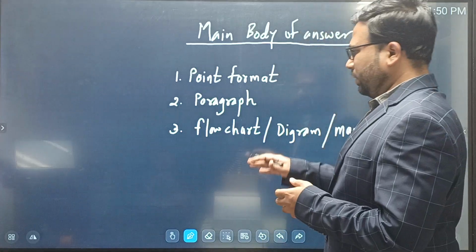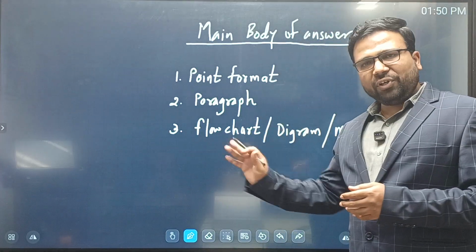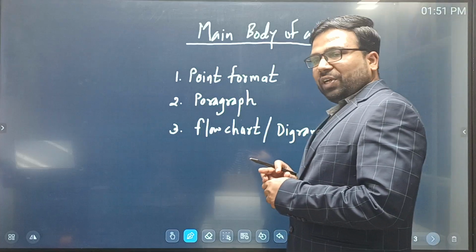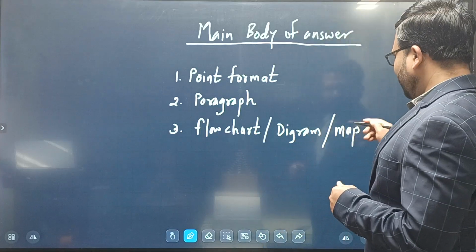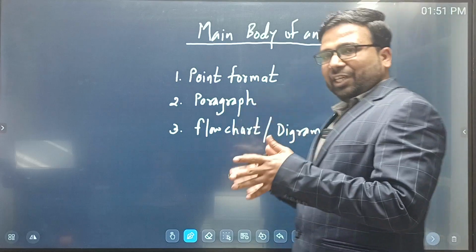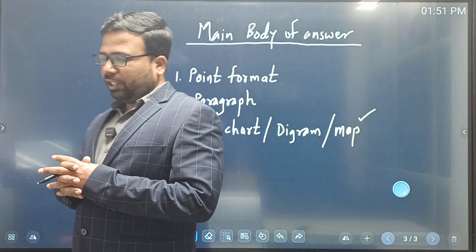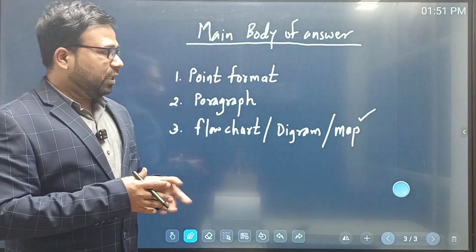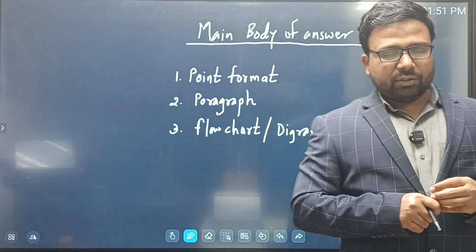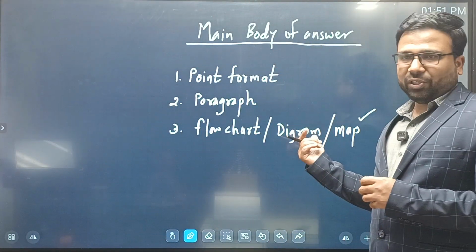So first, it is not mandatory that every answer must carry a flowchart. But when it comes to geography answers, then yes, use maximum maps or diagrams, for example for river systems, or questions related to temperature or soil. There, if you use a diagram or map, it will give you additional marks for sure.